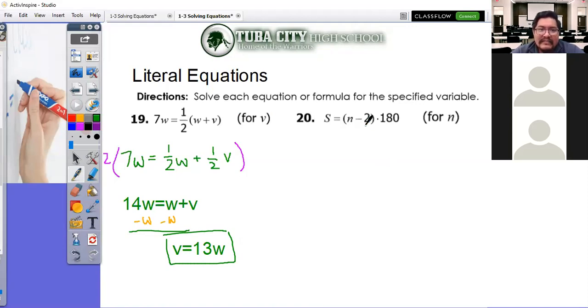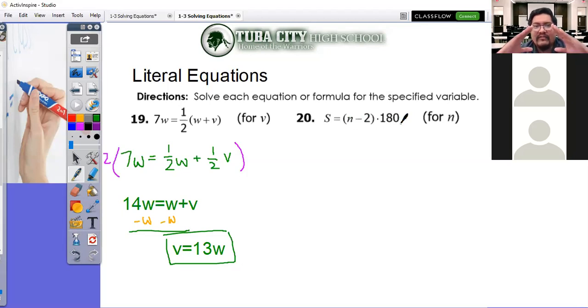Now, I don't know what this is formula-wise, but I know that this is, I think it's called, the interior angles of a polygon. So N is the number of sides and S is the angle measure. So if you wanted to find the interior angles of a triangle, there are 3 sides, 3 minus 2 is 1, and 1 times 180 is the interior angle.